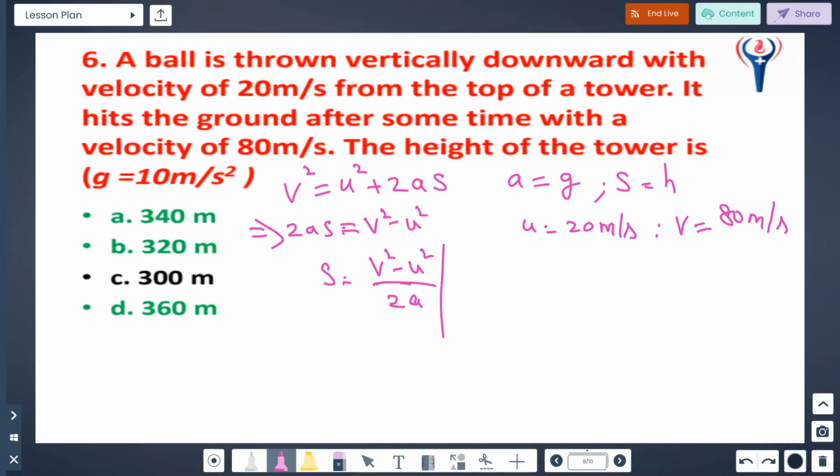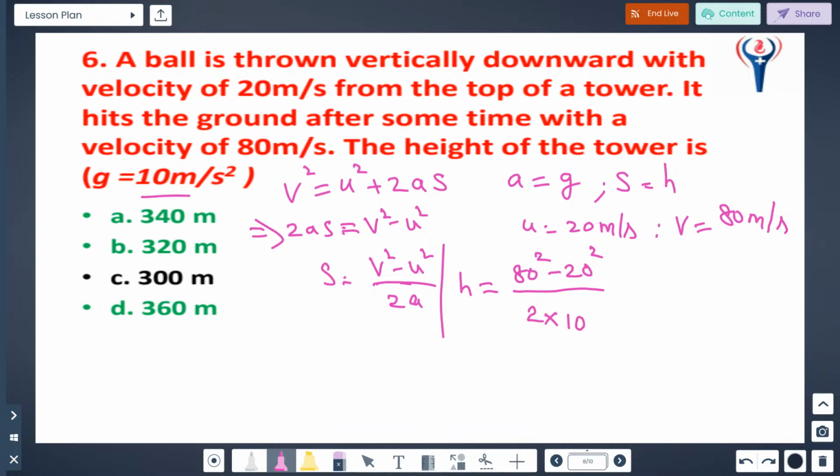Then h = (80^2 - 20^2) divided by 2 into g, and g is given as 10. No need to substitute 9.8, you can boldly write 10.